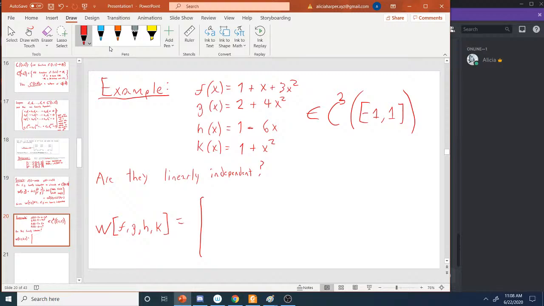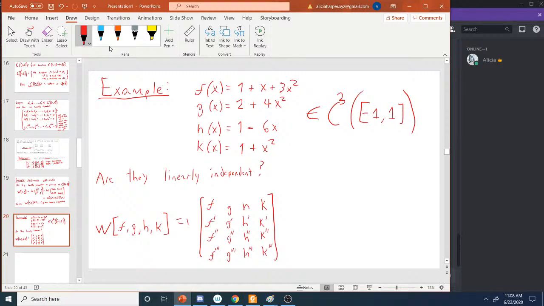And this is going to be f, g, h, k, f prime, g prime, h prime, k prime, f double prime, g double prime, h double prime, k double prime, f triple prime, g triple prime, h triple prime, and k triple prime.